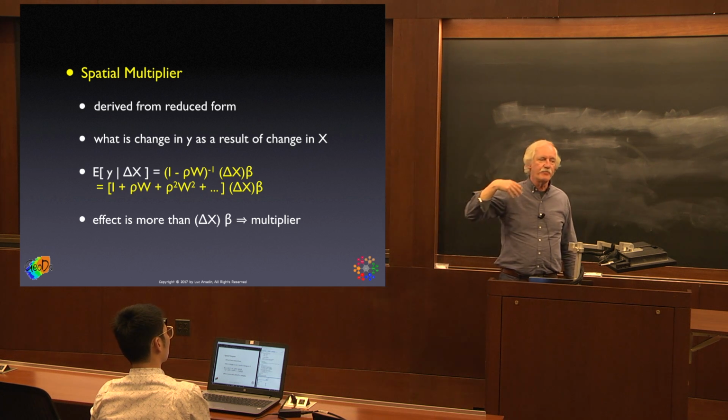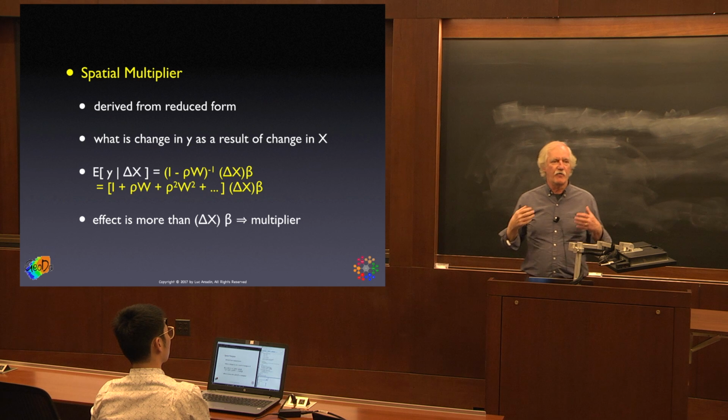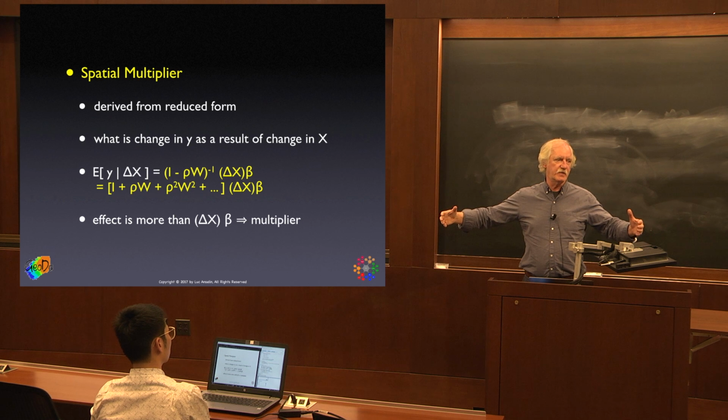So it really shows the effect of the characteristics of the x variables at different locations in space, right?